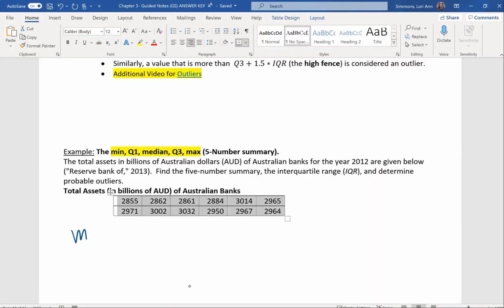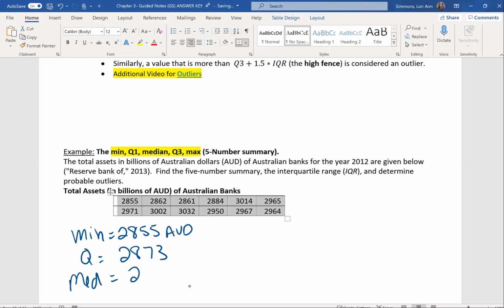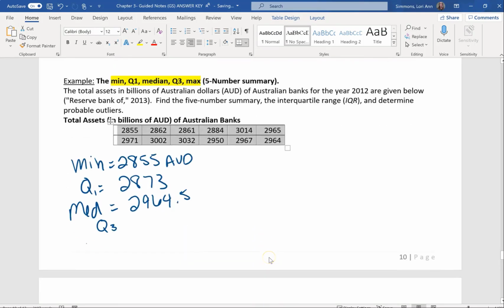So your min is 2,855 Australian dollars, Q1, median, also known as Q2, Q3, and your max.